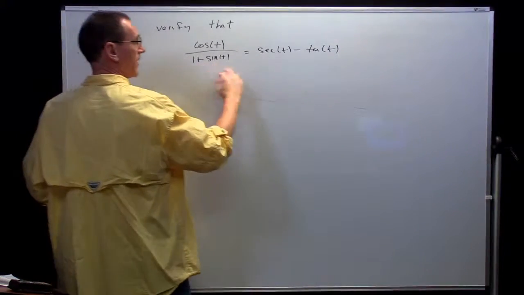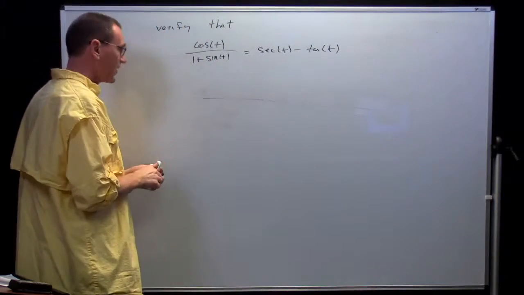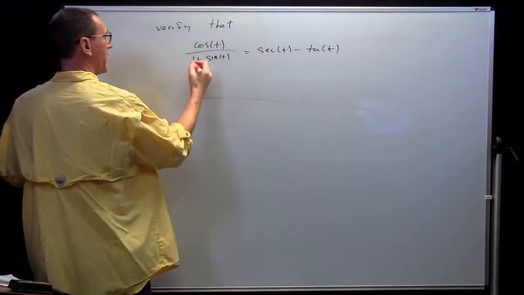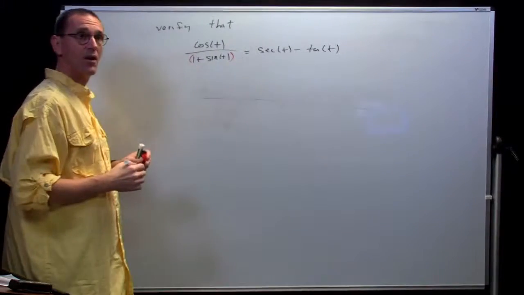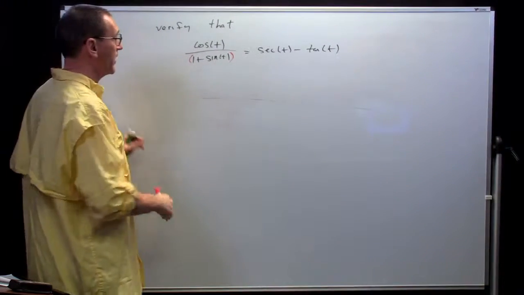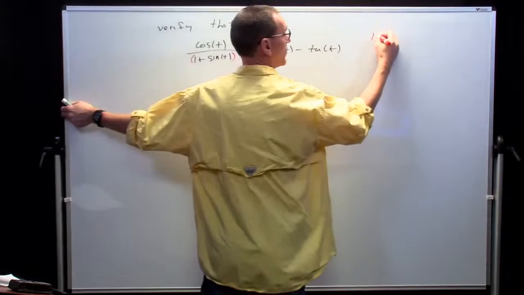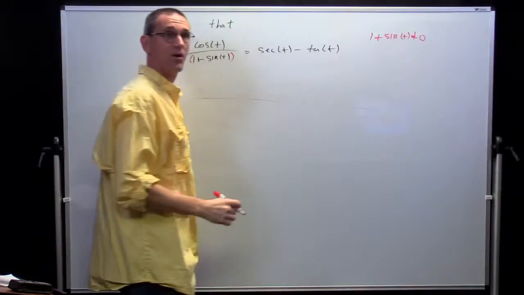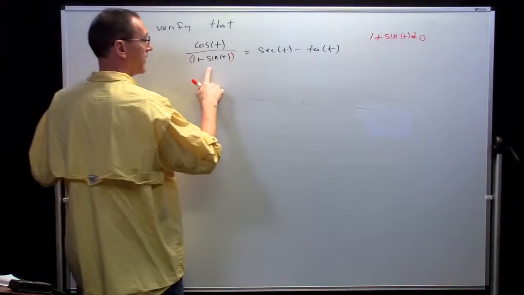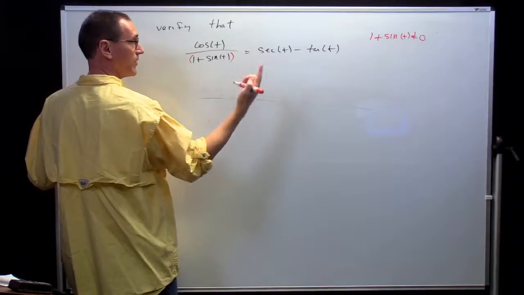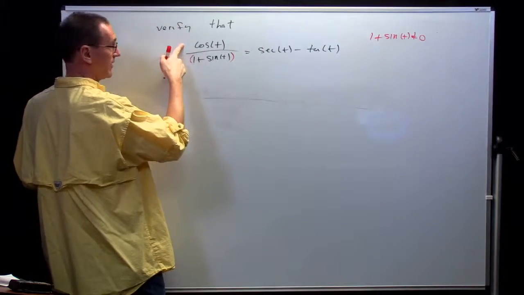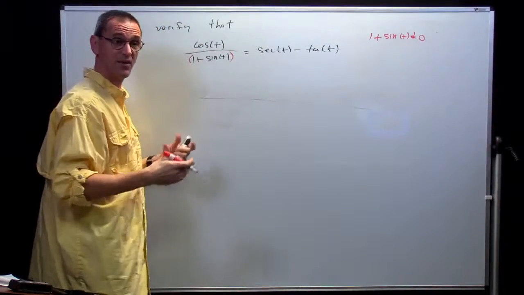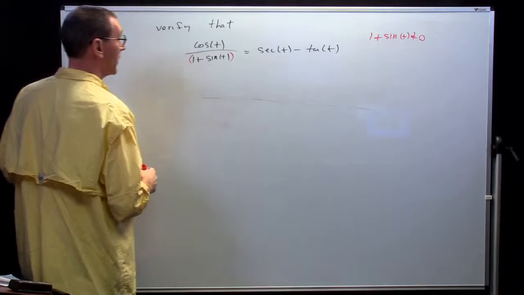So I've got my left-hand side, my right-hand side. Now the first thing that's getting in my way is this denominator on the left-hand side. So I'm going to try to get rid of this. So I'm going to assume that that's not 0. And if I want to get rid of this, I'm going to try to turn this into another expression, so hopefully I can get something that looks like cosine equals cosine, or something equally clear.